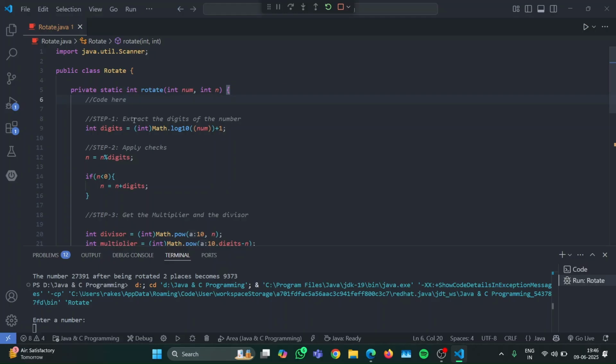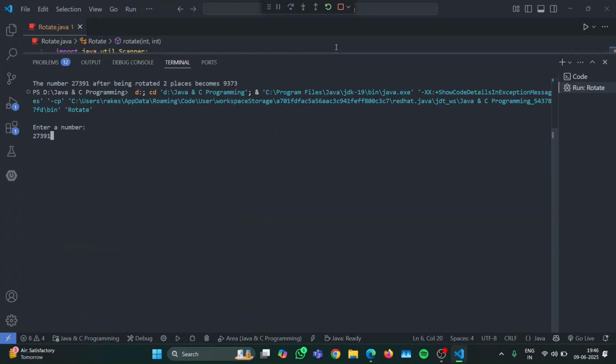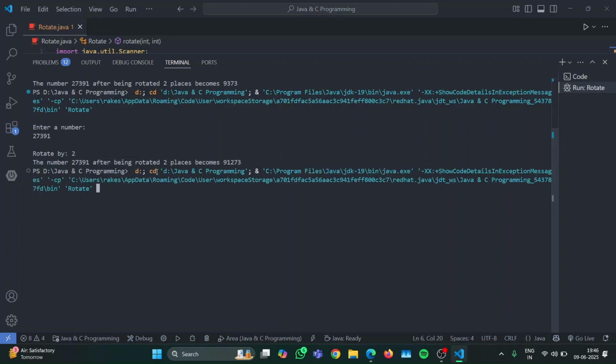So we have to add a 1, not inside that function, but over here. 27391, let me drag it over here so you can see it. Rotate it by 2. As you can see, 27391 becomes 91273 after rotation.